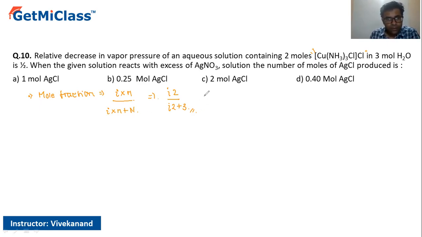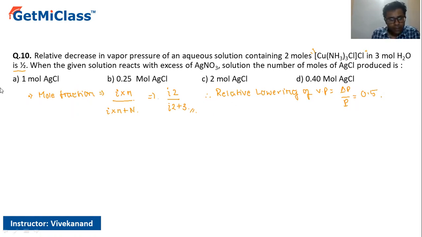Now, relative lowering of vapor pressure, delta P over P. What they have said is that it is equal to half, which is nothing more than 0.5.